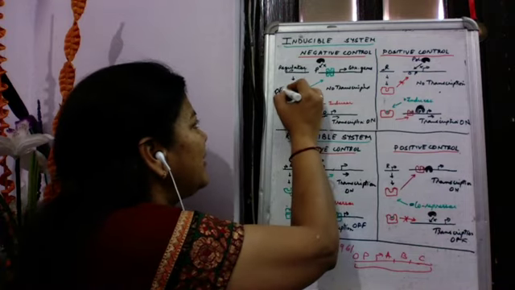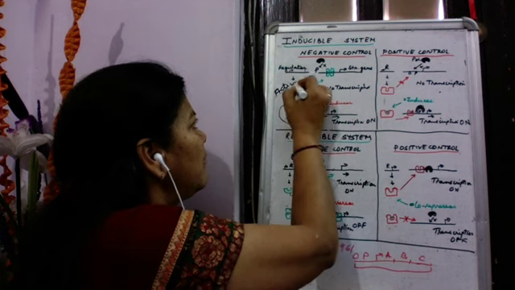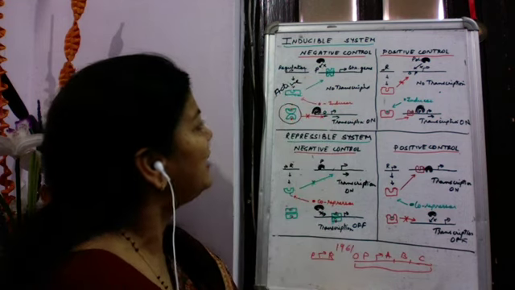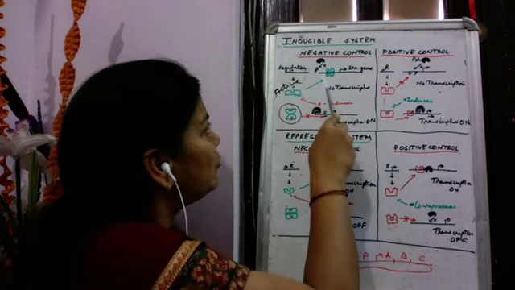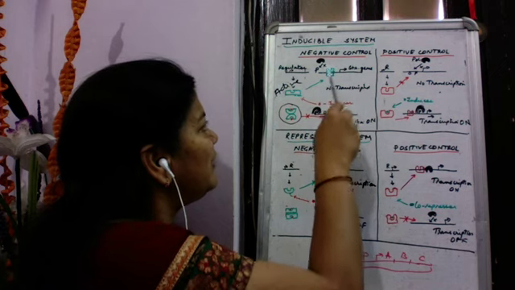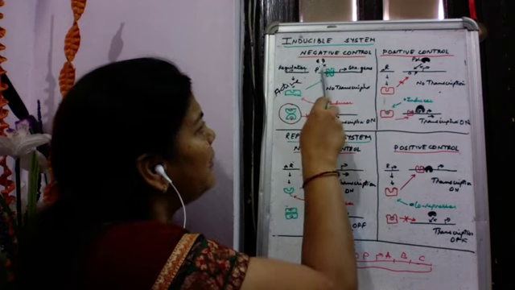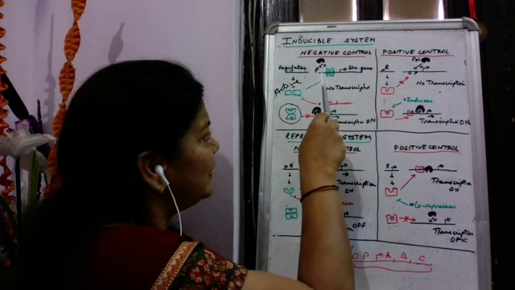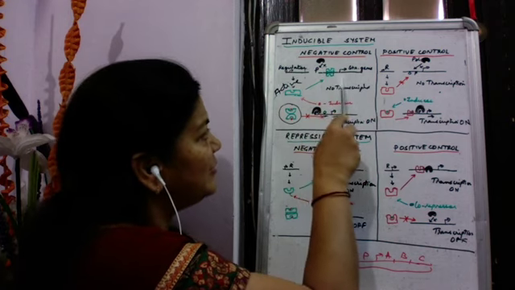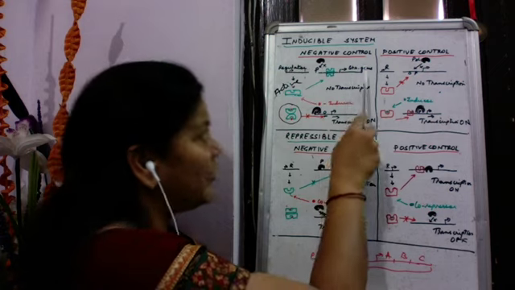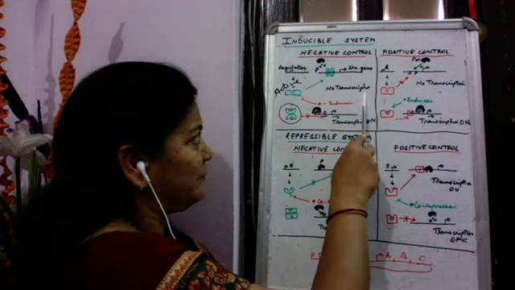Now, if you look over here, this regulatory protein, which is made by this regulatory gene, is generally made in an active form. If it is made in an active form, it can bind to this regulatory region, or the operator region. When this binds over here, the polymerase cannot sit in the promoter region, and the structural genes are not transcribed, so it is off.